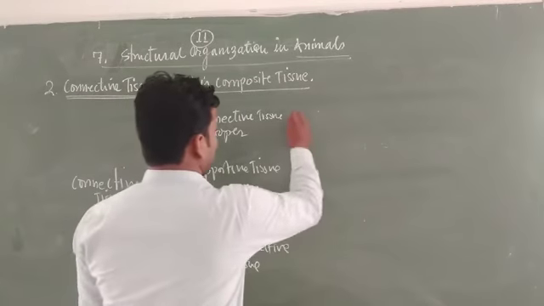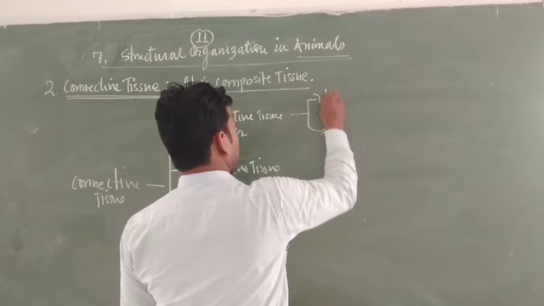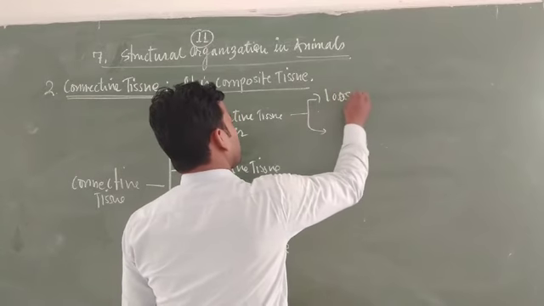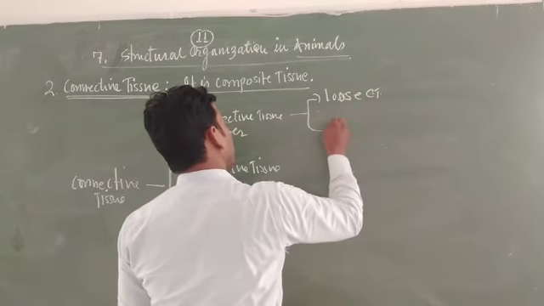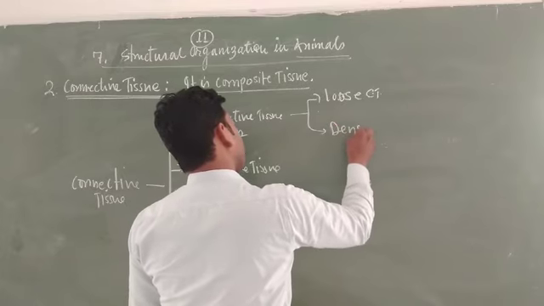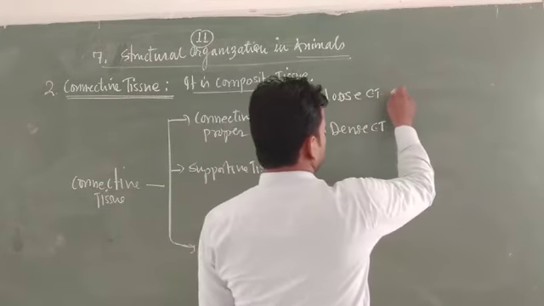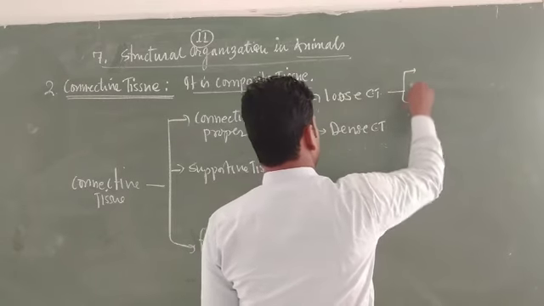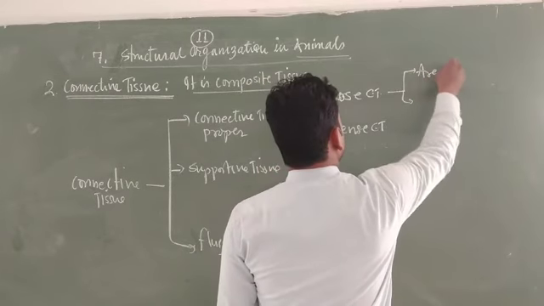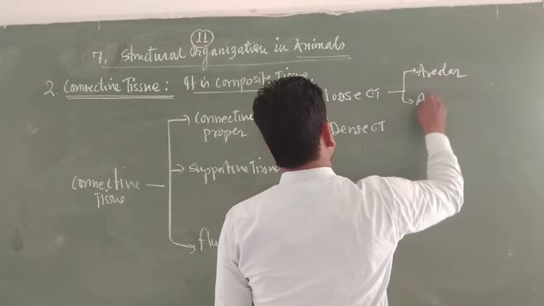The connective tissue proper is further classified into loose connective tissue and dense connective tissue. The loose connective tissue is further classified into areolar as well as adipose categories.